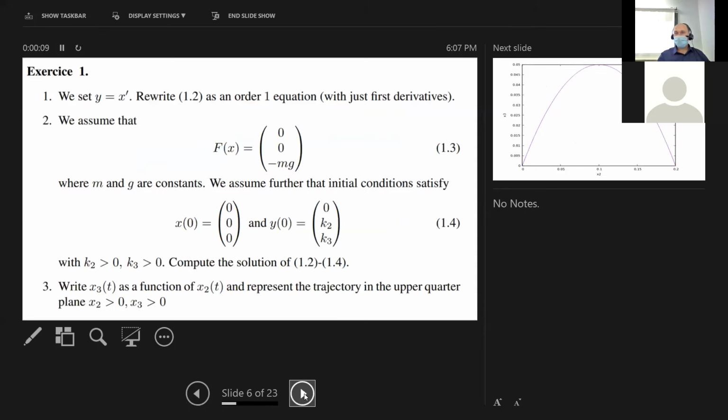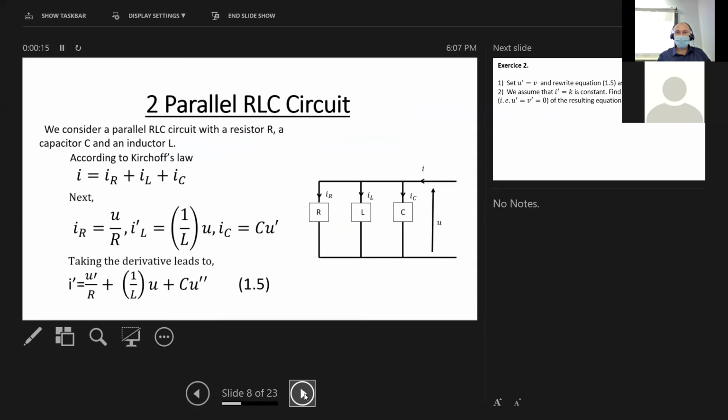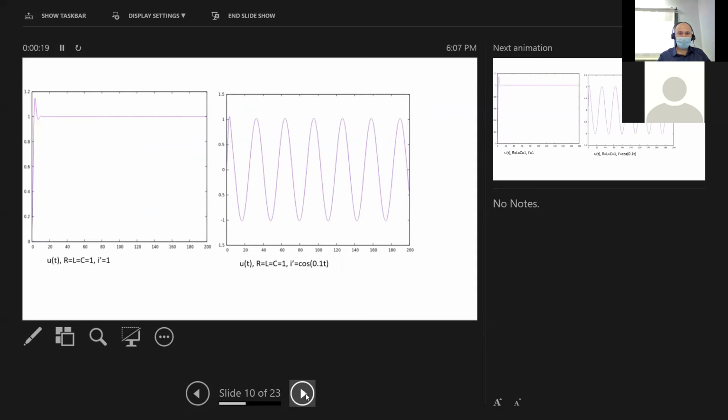So we are now dealing with the point 3. Oh no, before going to the point 3, this is the picture. This picture that you see is when I take I prime.